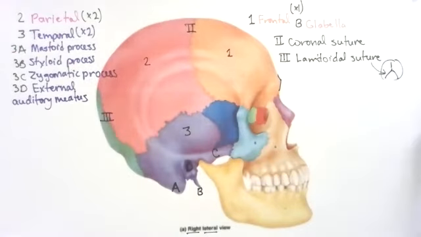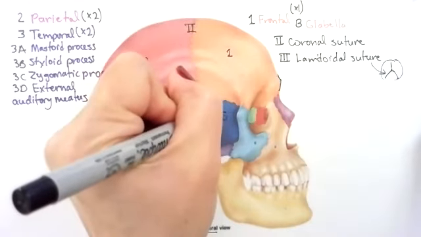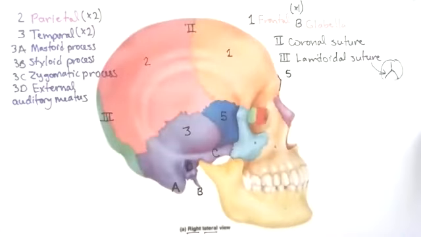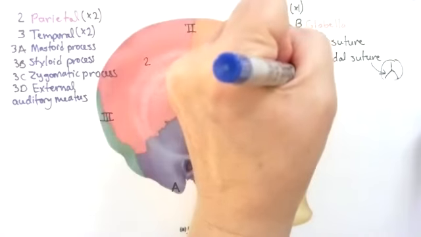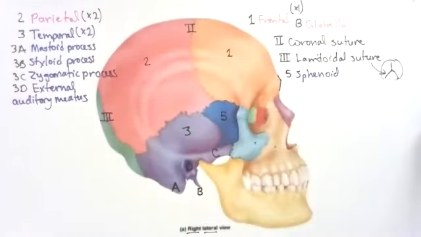All right, finally, I have this sphenoid showing up again. So number 5, let's label that out as sphenoid. And now I get my last single cranial bone.